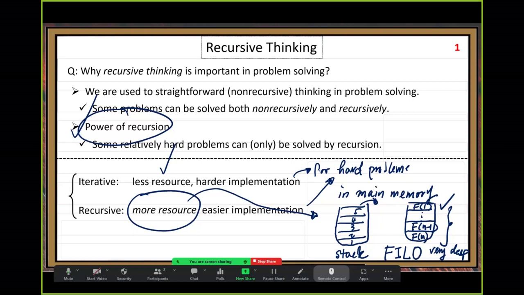We hope we can control the memory usage in an efficient way. We try our best, but we have to take advantage of its power. So that's the recursive thinking basics.